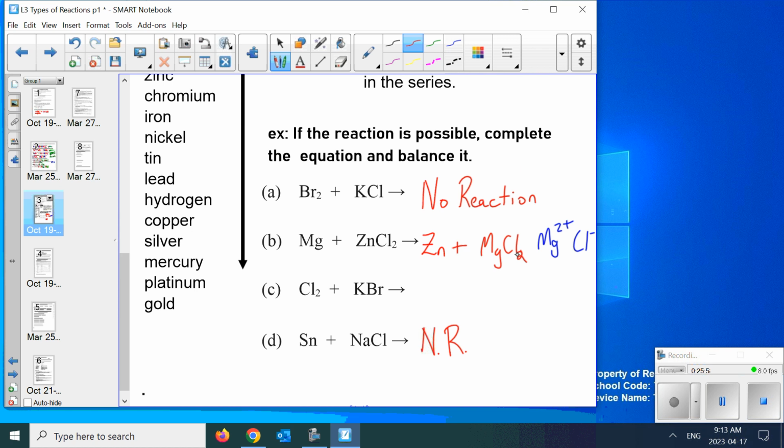Chlorine and bromine. I know it's going to happen because we've done this. I'm going to just lay it out on the side. K plus, I looked that up on the chart. I know that the bromine is going to be alone.